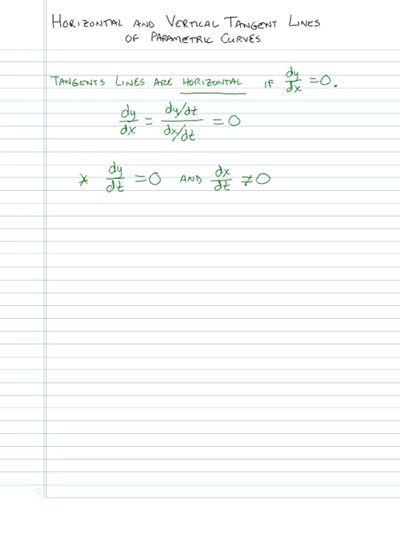Now, on the other hand, tangent lines are vertical when the derivative is undefined. Okay, and of course they're vertical when the slope is undefined, aren't they? So, pardon me, the slope calculated by using the derivative, that would be when the derivative is undefined.